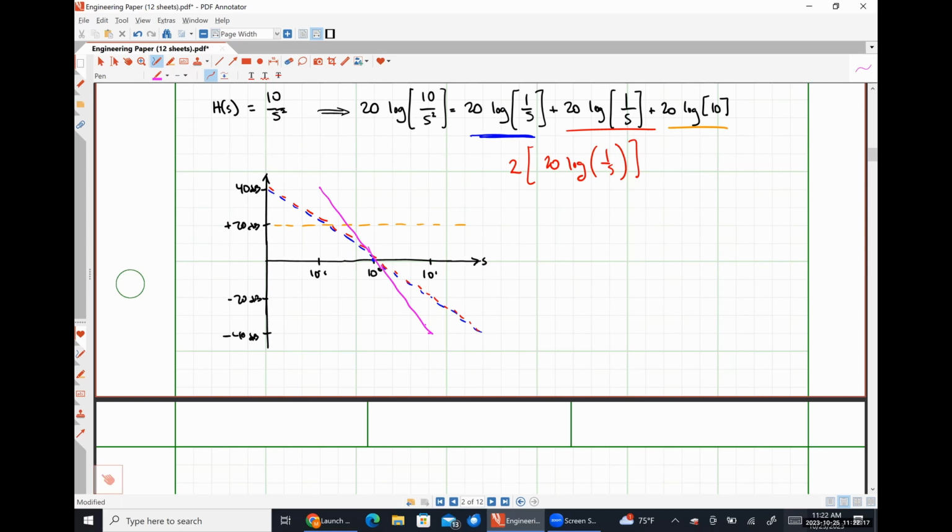When I add this constant term, all I'm doing is shifting the level up to there, right? So I'm shifting up to this point. So that's where it crosses.